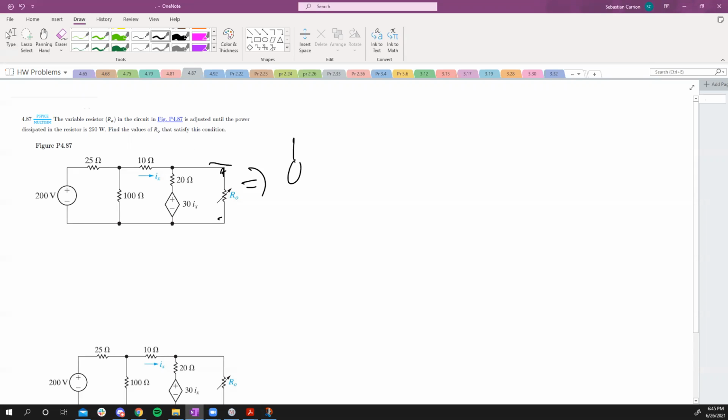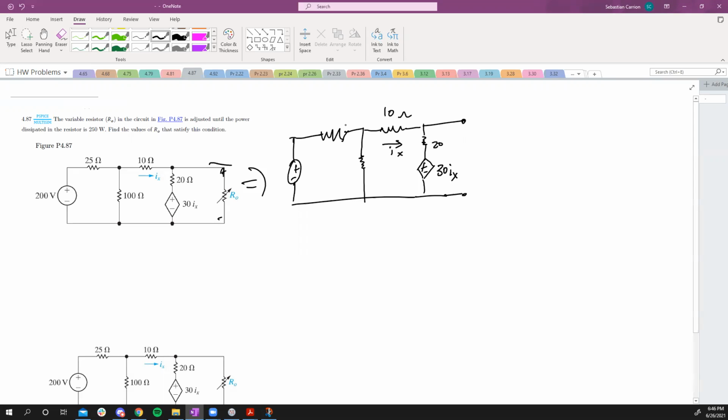So I'm going to go ahead and redraw the circuit. 25 volts, 100.